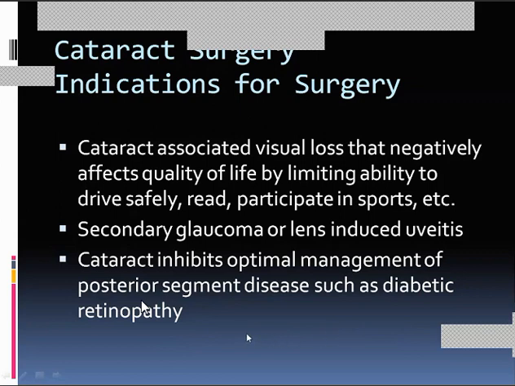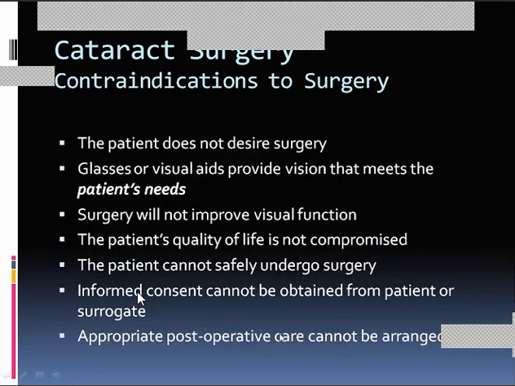When we remove the cataractous lens, we can clearly see whether it is NPDR or proliferative diabetic retinopathy, and whether there is macular edema, and accordingly we will give the treatment. So we have to do the cataract surgery in diabetic cases, to see the diabetic retinopathy and to exclude any problems related to the posterior segment.